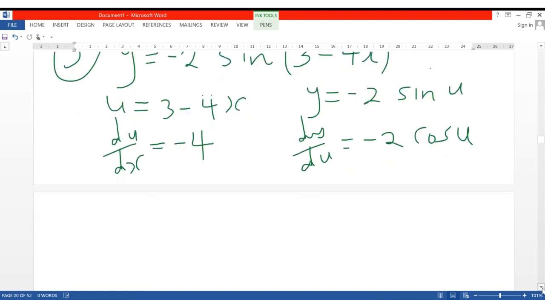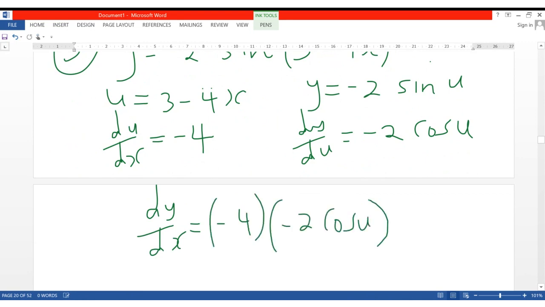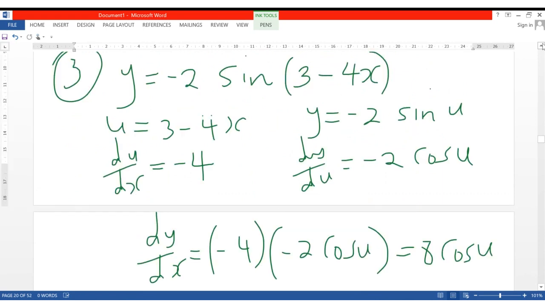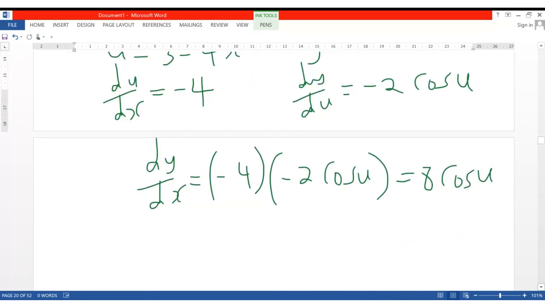So what is negative 4 times negative 2? So negative 4 and then negative 2 cos u. We'll end up with 8 cos u. But our u was 3 minus 4x.